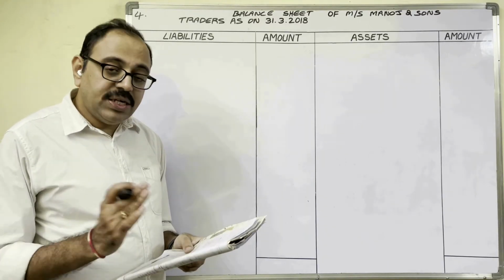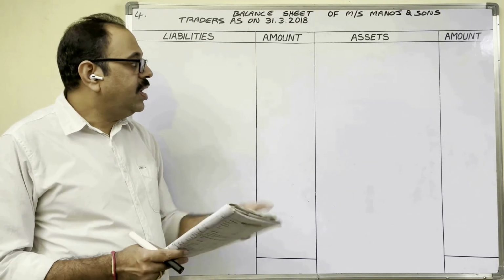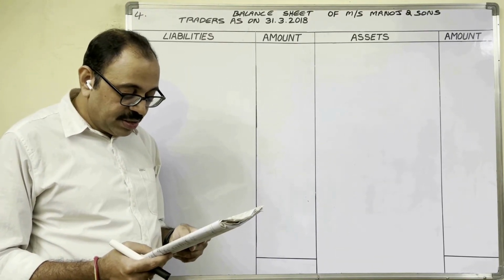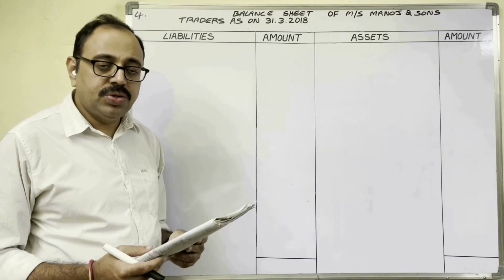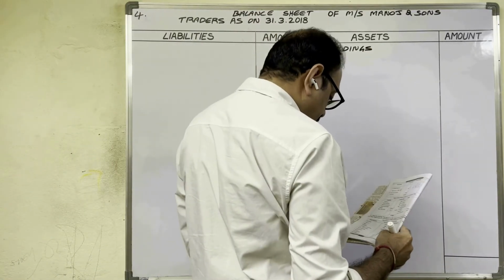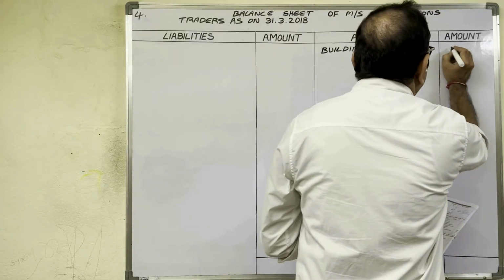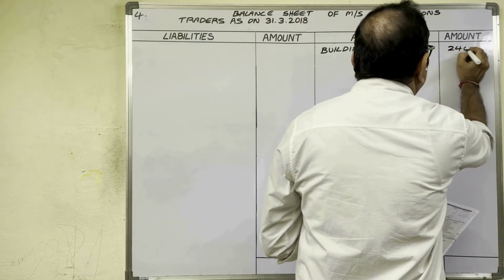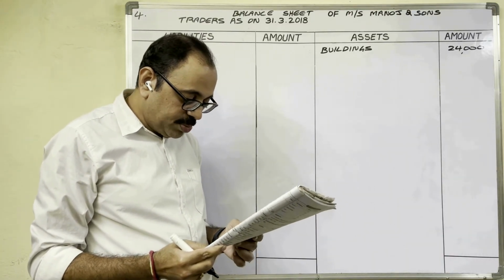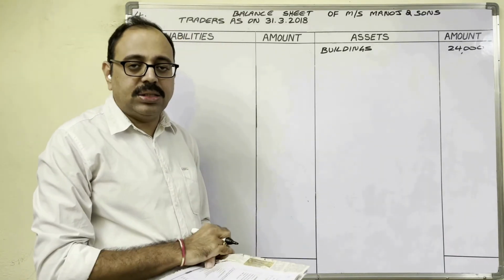See the trial balance debit column. Here, asset side: purchases, salaries, wages, buildings, asset. So, balance sheet asset side. No adjustment. Therefore, amount in outer column 24,000 rupees. Next, carriage on purchases, gas, coal, water, office expenses, commission, debtors.